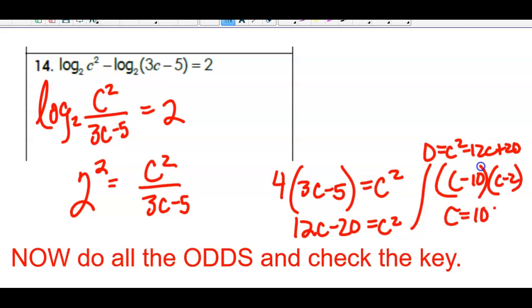So I get c equals 10 or 2. And because they're both positive, I think they're going to work. Yes. Just be careful that when you plug that 2 back in, this parenthesis does come out positive. So those both work. Okay.